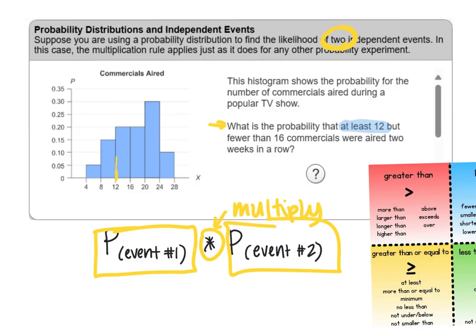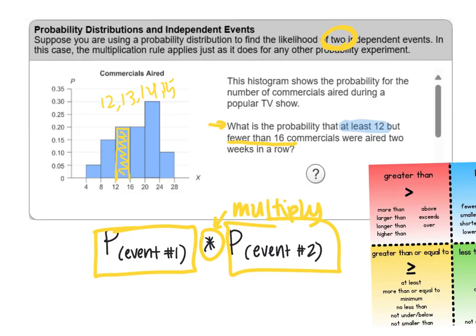So it can include 12, but it also is going to be greater than 12. Now, there's another thing that we need to know. Fewer than 16. And fewer than means strictly less than. So it cannot be 16. So it will be 12, 13, 14, 15. So this bar right here.